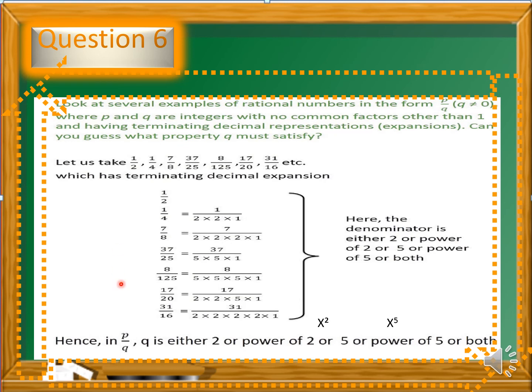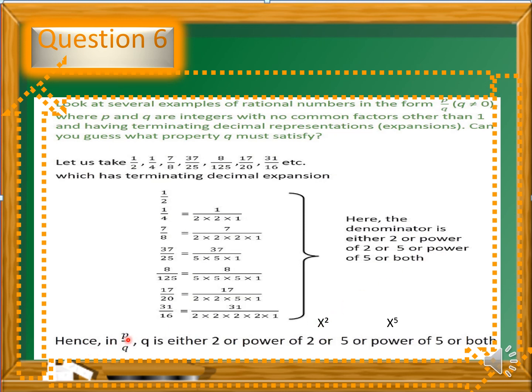So now we have expanded all in expanded form. Here we can see the denominator is either 2 or a power of 2, or 5 or a power of 5, or both.